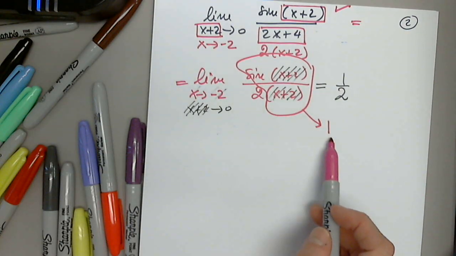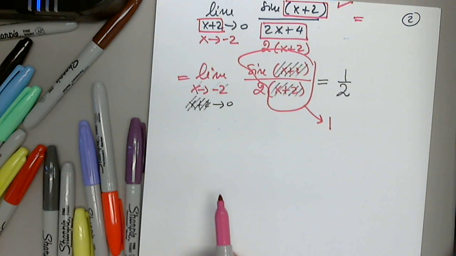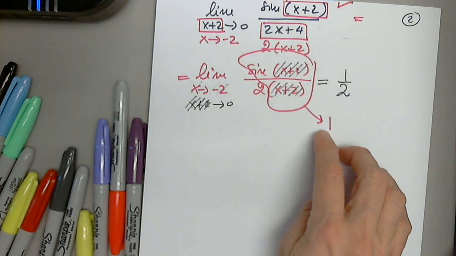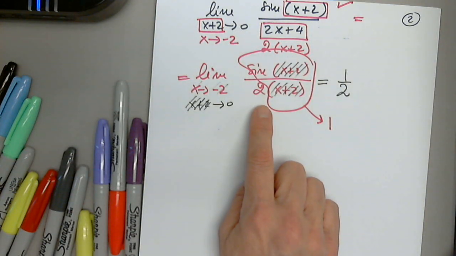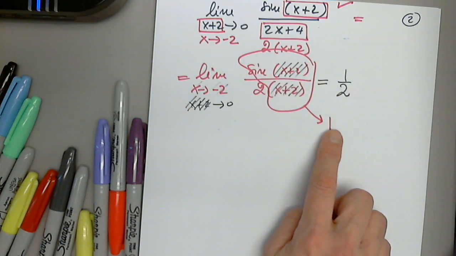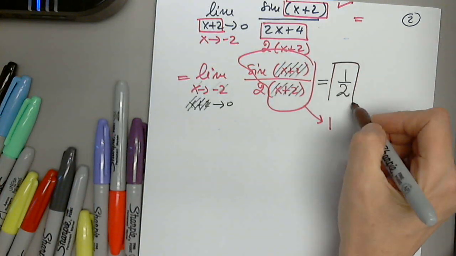Since this whole thing approaches 1, 1 times 1/2 will be 1/2. Is that what your question was? Yes, please. So 1/2 is the limit? The whole thing, yes. Because all this is 1, but there is a 1/2. This approaches 1, and 1 times 1/2 will be 1/2. And that will be the final answer.